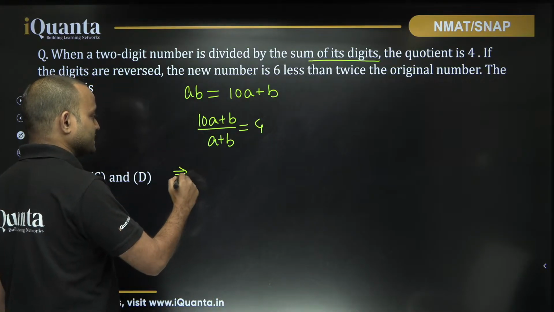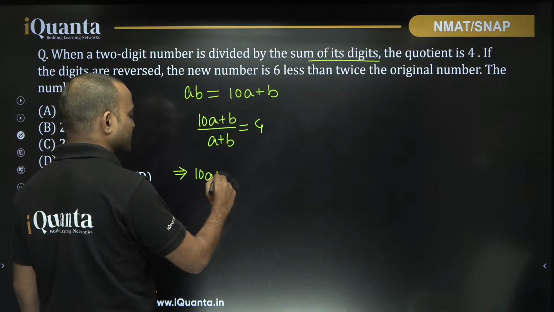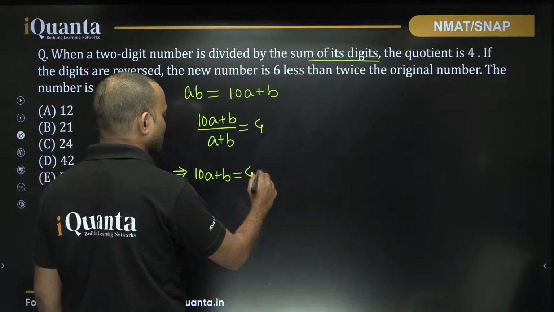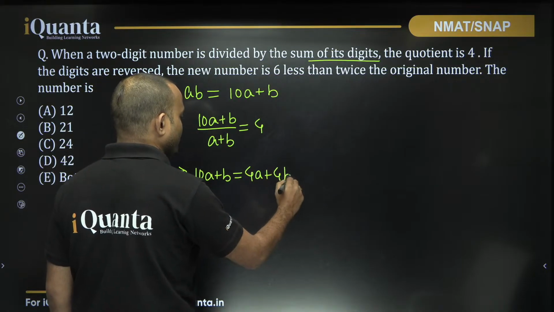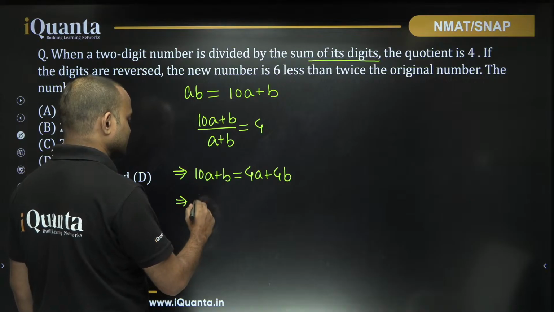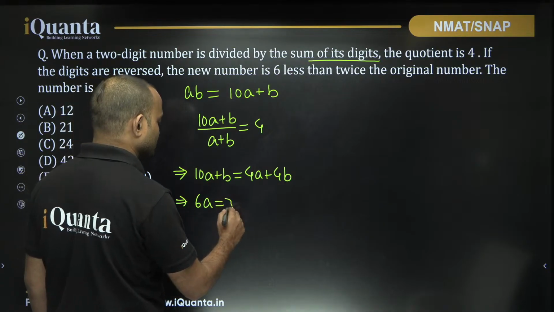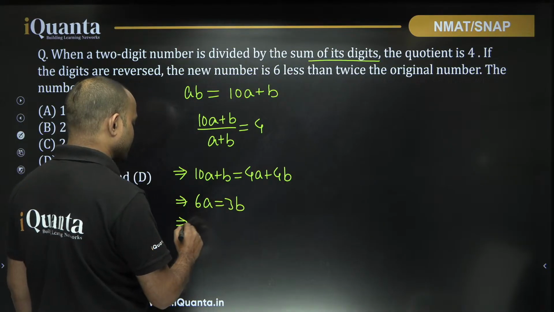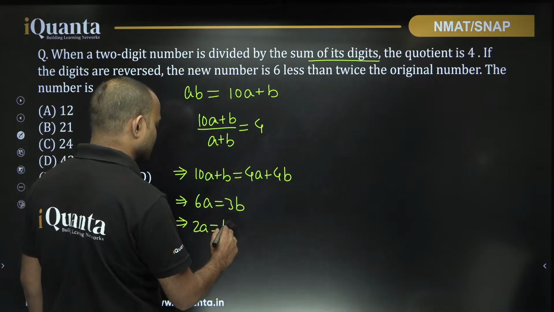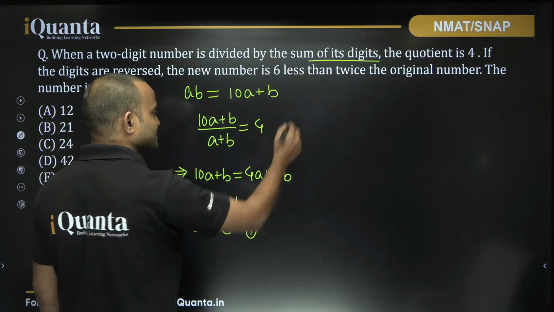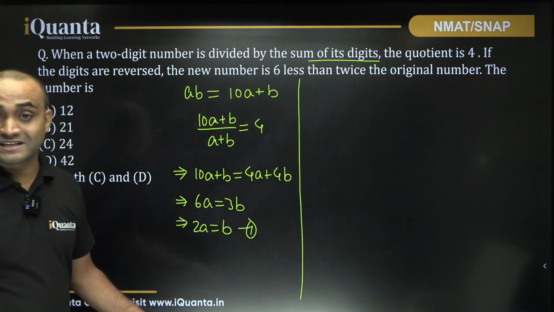Or we can say that 10A plus B will be equal to 4A plus 4B. Then we are getting 6A is equal to 3B, or we can say 2A is equal to B. This is a useful result that we get here.